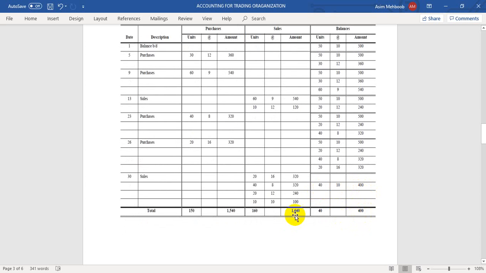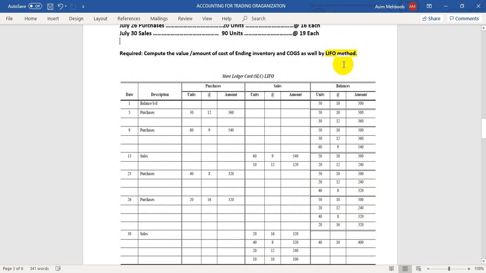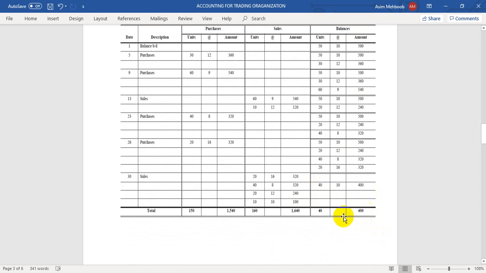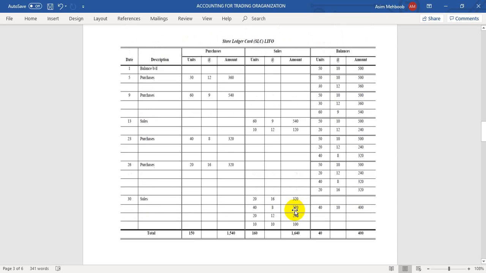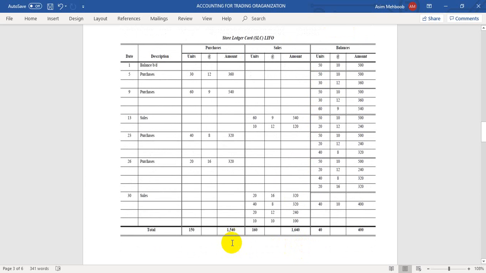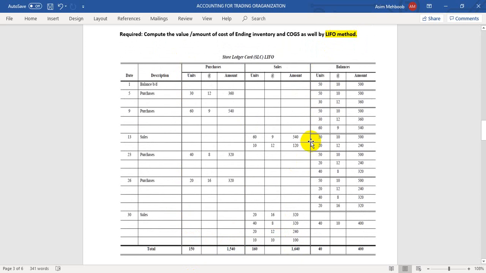Now this is your cost of ending inventory under the LIFO method, 400. This is the cost of goods sold under the LIFO method. Now you can see the same: 150 total purchase, 150 plus 50 is 200. Out of 200 you sold 160, so how much is remaining? 40 units.